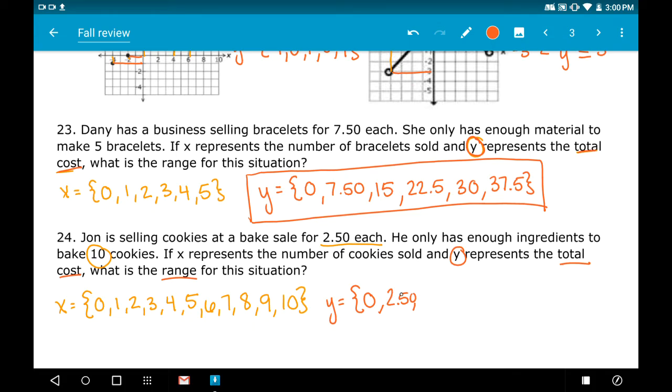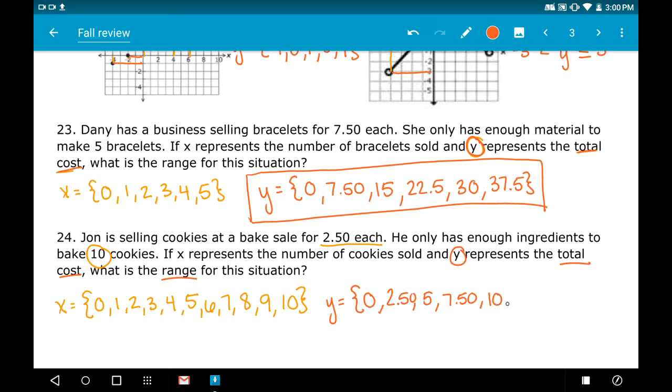2 cookies, it's 2.5 times 2 would be 5. Then we can just keep adding 2.50. So then we would have 7.50. So that's 3 cookies.